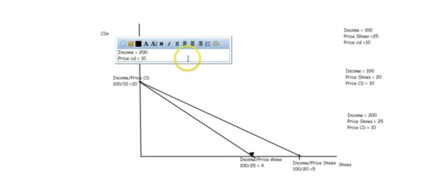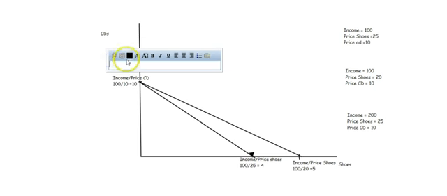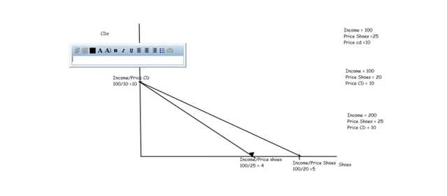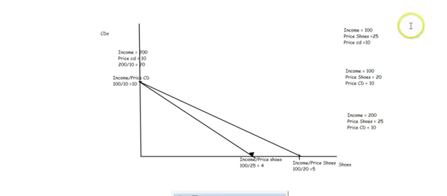That would give us an intercept term of 200 divided by 10, which equals 20. So we can now see that our new intercept is up here at 20.